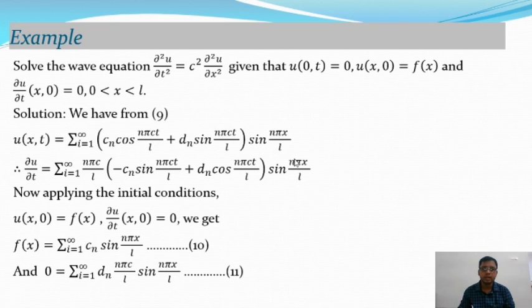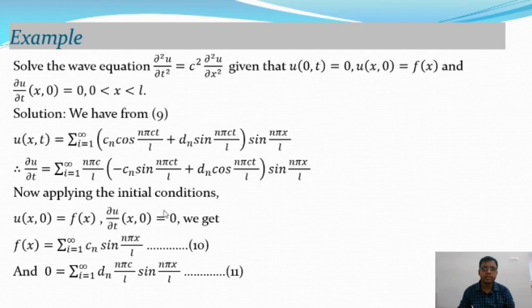Here Cn is a constant. So from this we get f(x) is equal to the summation over n = 1 to infinity of Cn sin(nπx/L), and we can write it as equation number 10.